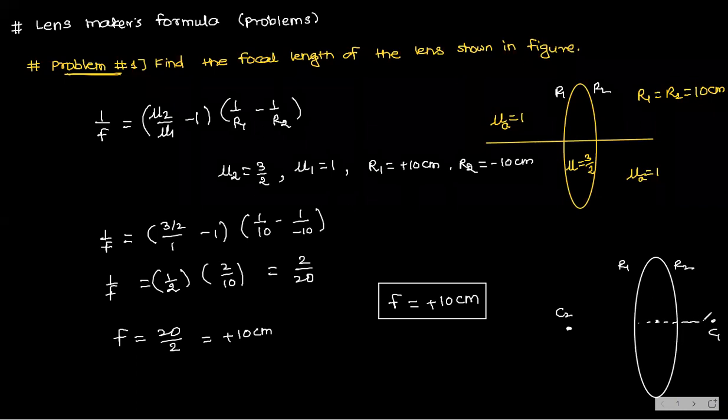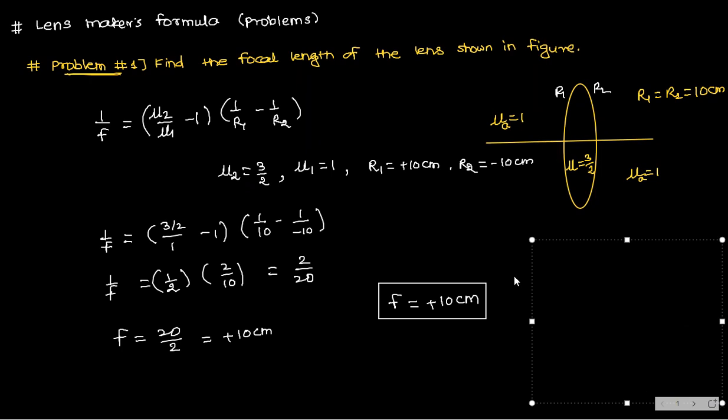This distance is in the direction of light, and that's why I have taken it as plus. Whereas this distance is opposite to the direction of light, that's why I have taken R2 as negative and R1 as positive. Did you understand? Yes or no?